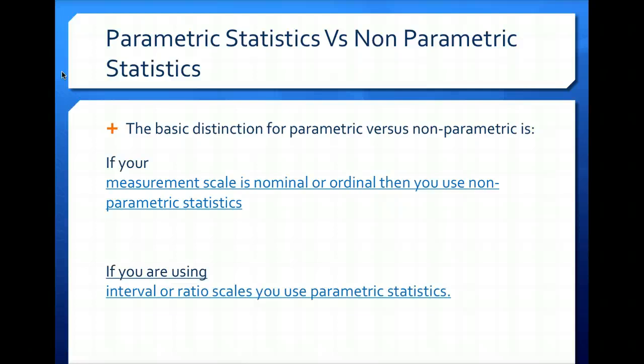If you are using interval or ratio, then you use parametric statistics. Interval or ratio for parametric, and nominal or ordinal for non-parametric. So it just depends on the type of data and the measurements that you're using for your data collection.